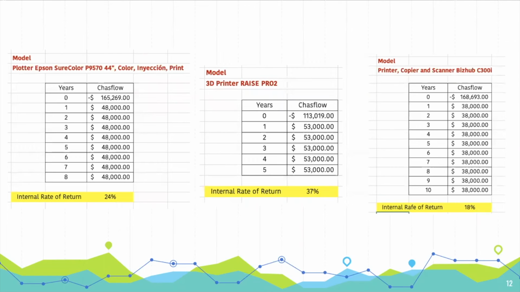And finally, about the internal rate of return, we found that for the first printer was 24%, for the second printer was 37%, and for the last printer was 18%.